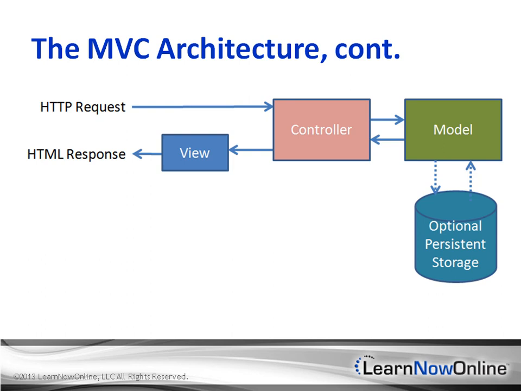The controller is listening for the URL. The controller figures out what model it needs and what to do with it. The controller figures out the view. And so the controller is really the centerpiece of this architecture, and that's why there's no code behind files, and that's why there's no direct tight coupling between, say, a particular web page and its code behind.